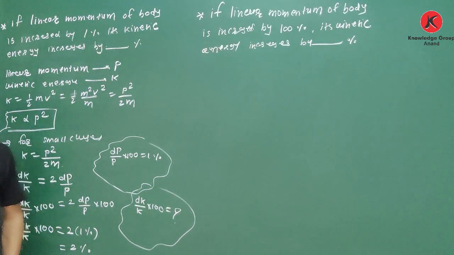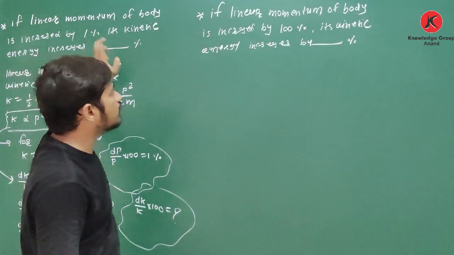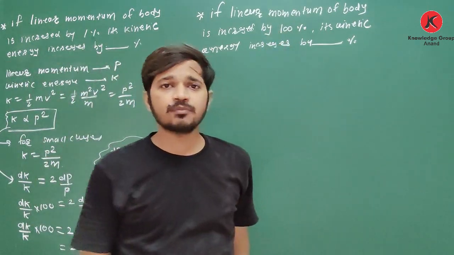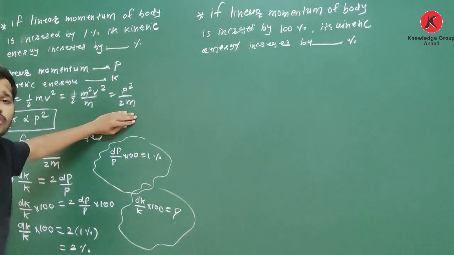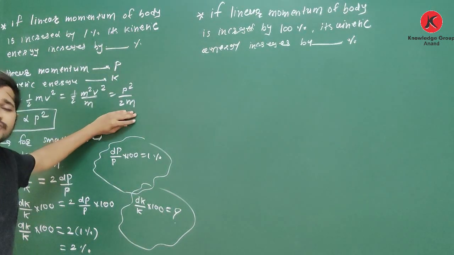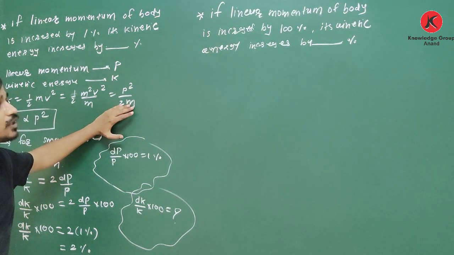Same question, but here the change is very small, 1%, while here the change is 100%. So there is another method. You cannot use this method; it is only used for small changes.